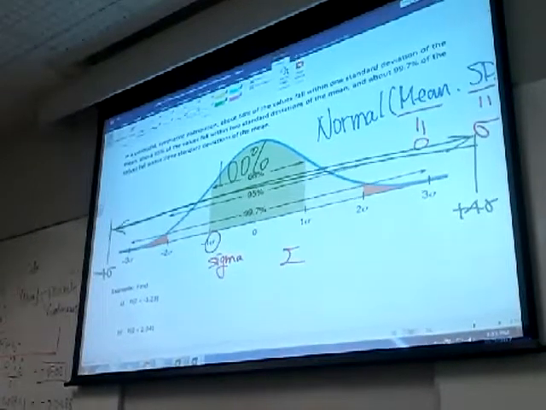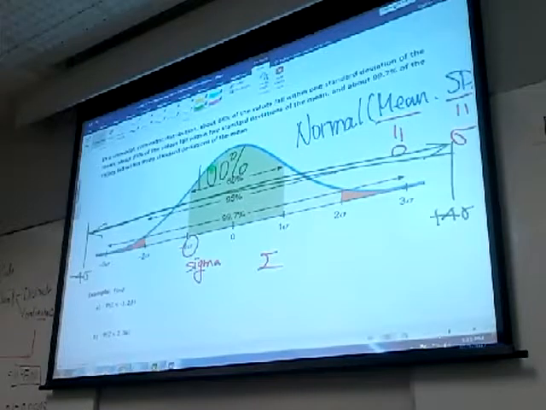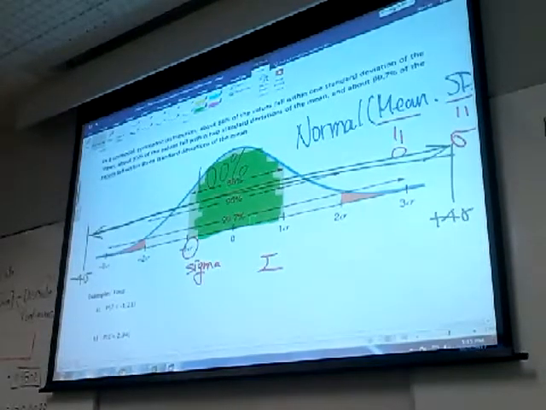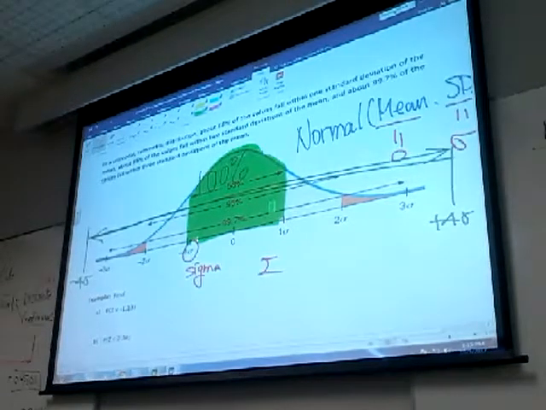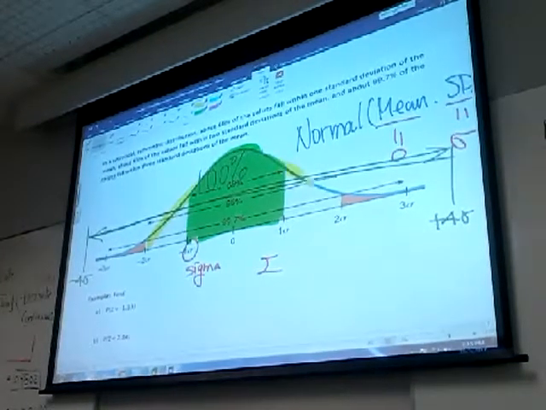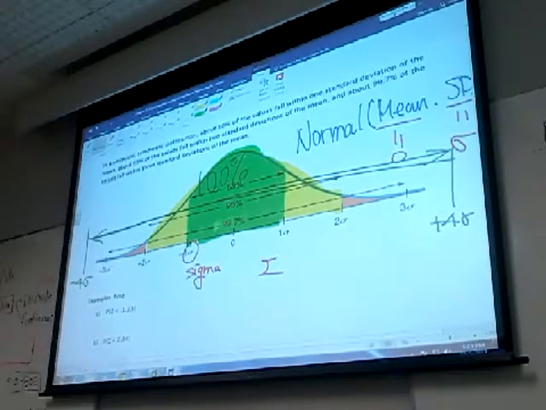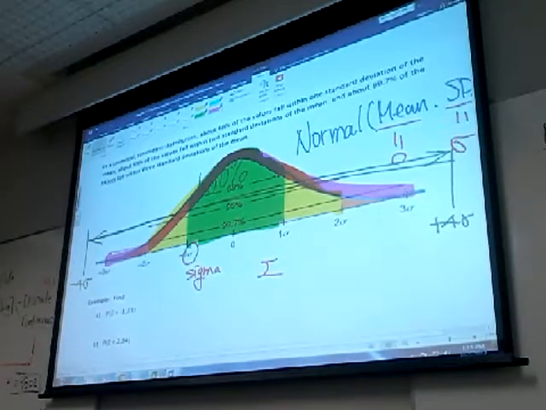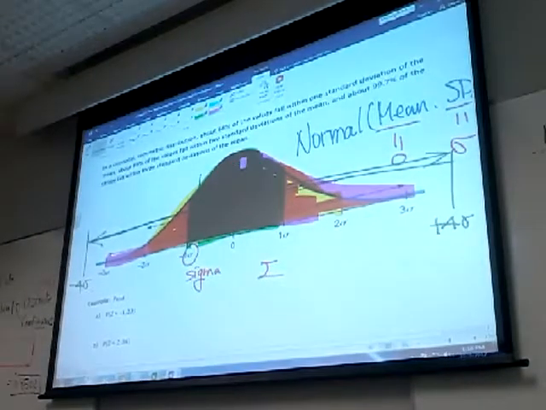That is a probability. So now I can say 68% probability is here, plus and minus 1. And here, it is a 95%. And from here to here, there is a 99.7%.